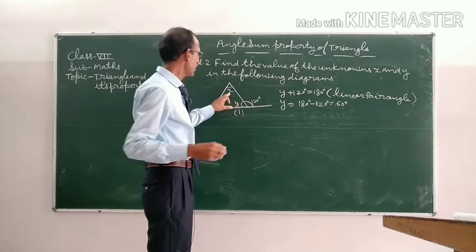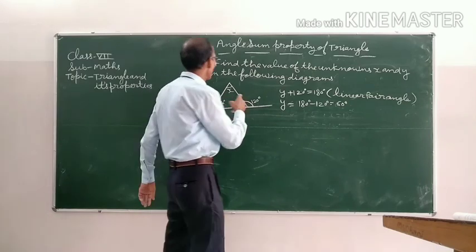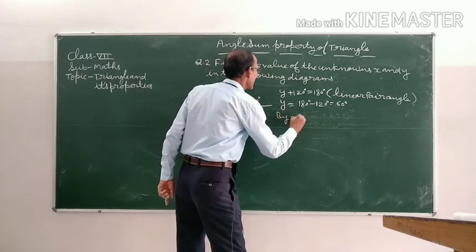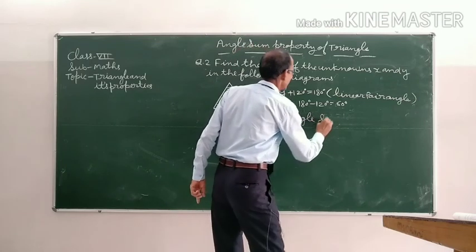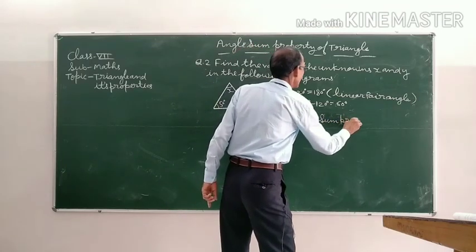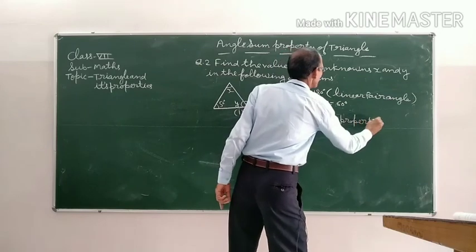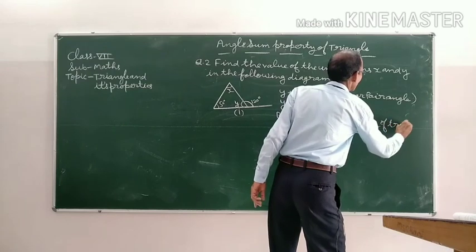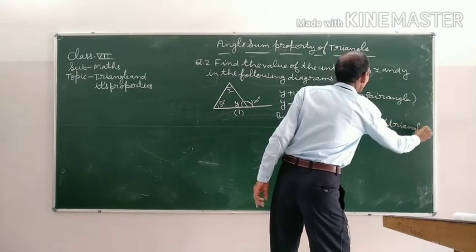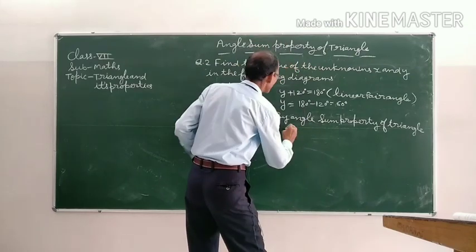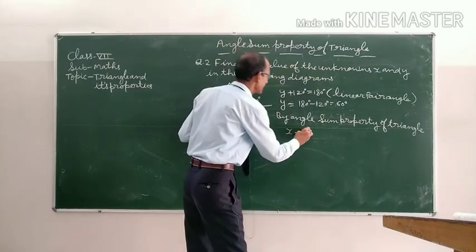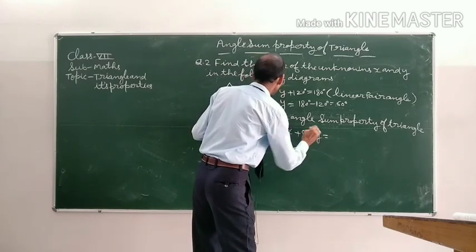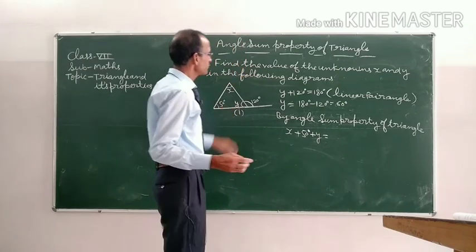Now we have to find the value of x also. So by the angle sum property of triangle, x plus 50 degree plus y, sum of all the three angles of a triangle is always 180 degree.